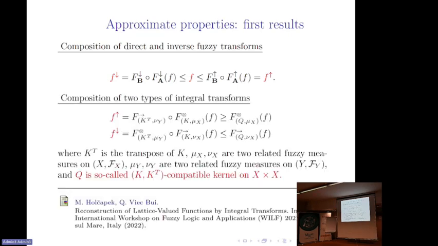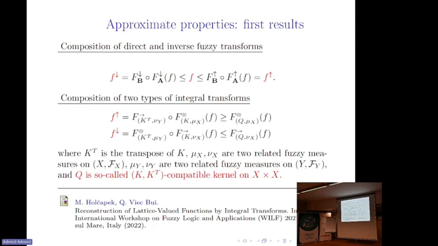But what is the case when the existential and universal quantifiers are replaced by more general Sugeno-like integrals? We proved a preliminary result that shows something similar, just using two different measures.